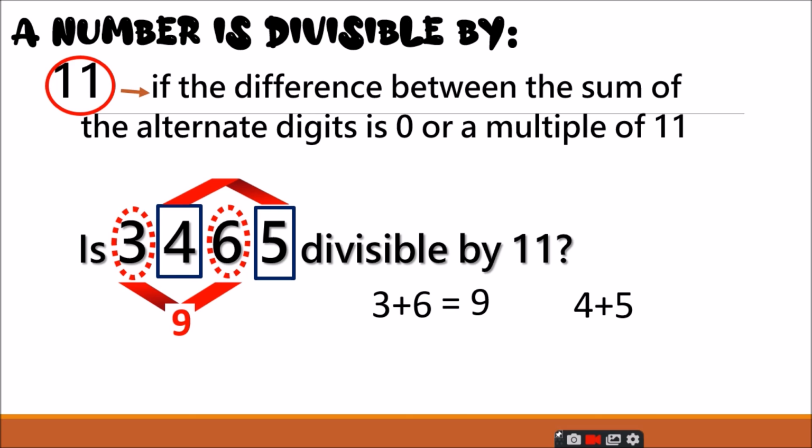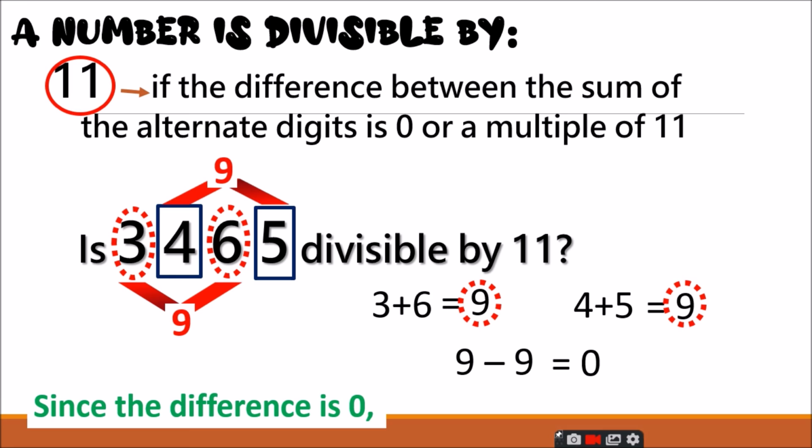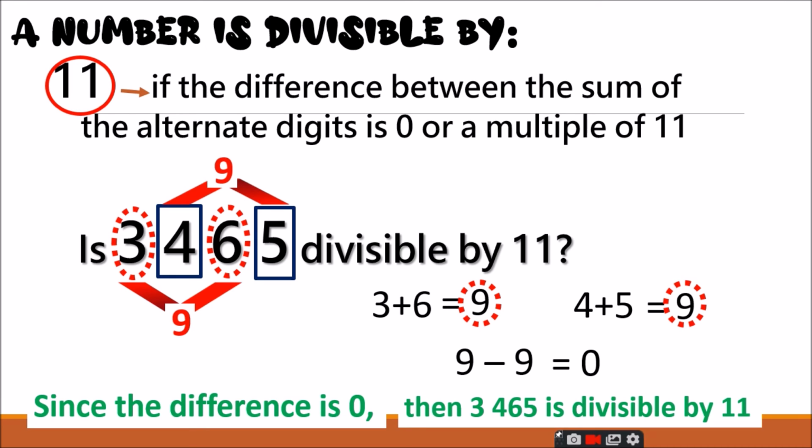And then we're going to get also the sum of another alternate digit, which is 4 plus 5. It is 9. After that, we need to get the difference between the sums. 9 minus 9 is equal to 0. Since the difference is 0, then 3,465 is divisible by 11.